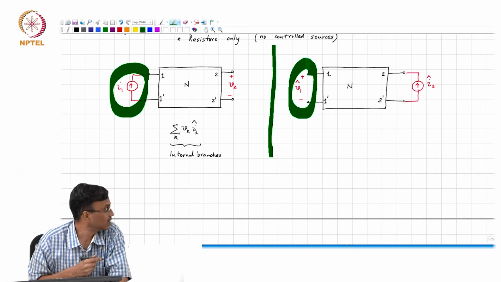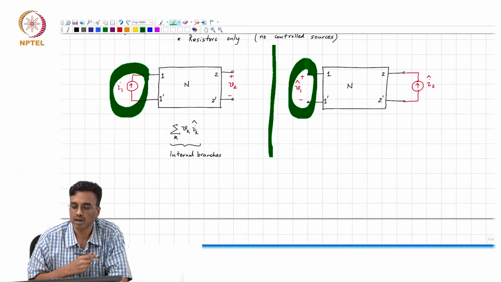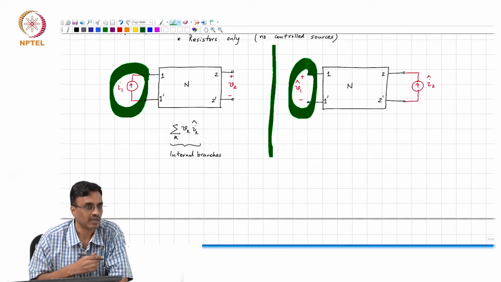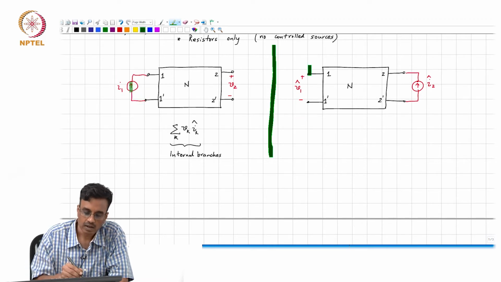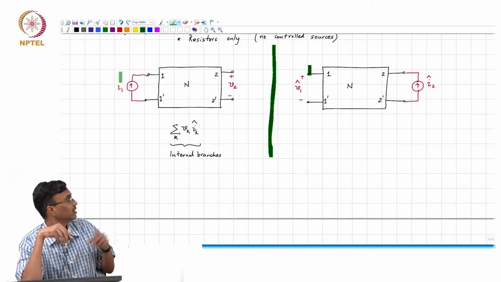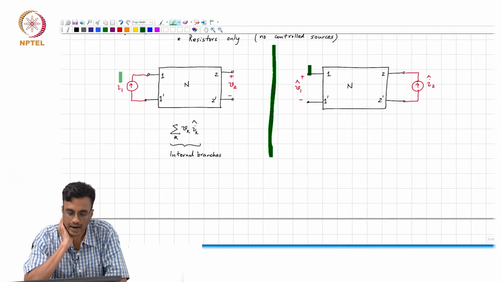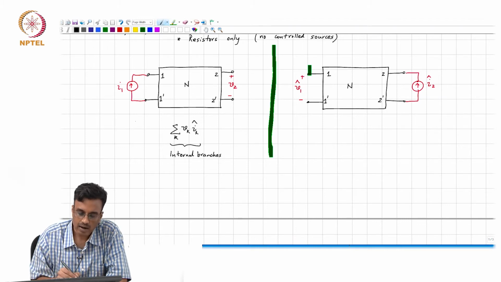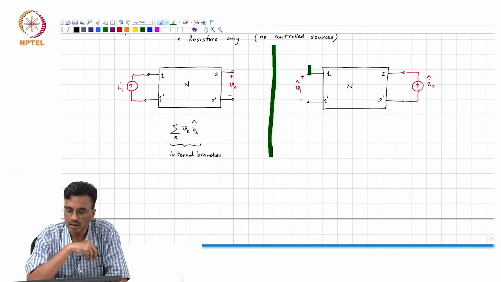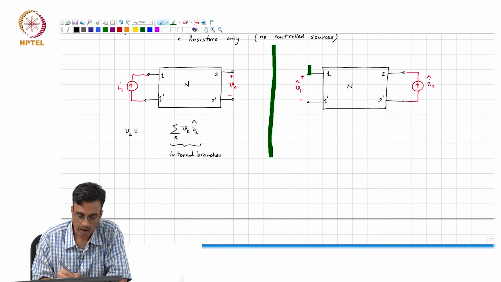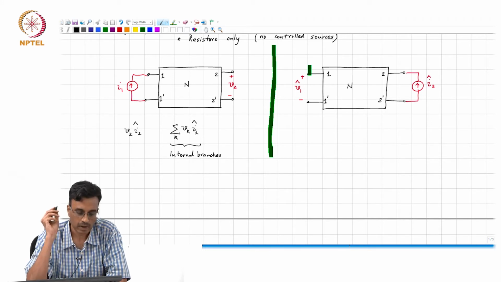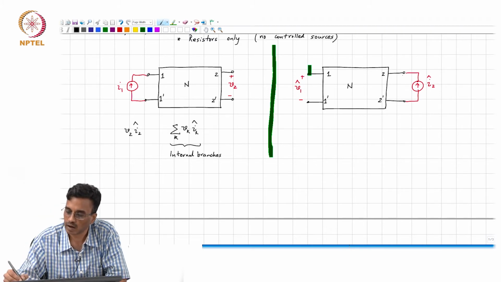Well, the current in port 1 of the network on the right is 0. Therefore, it must follow that the product of V1 times I1 hat is 0, and the only other quantity to consider is V2 times I2 hat.